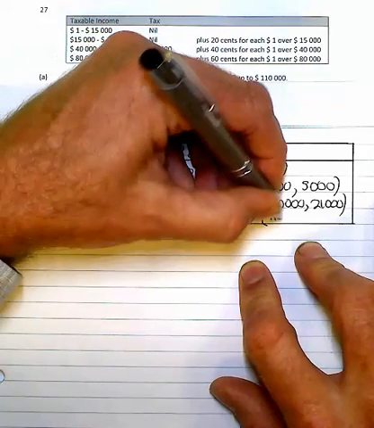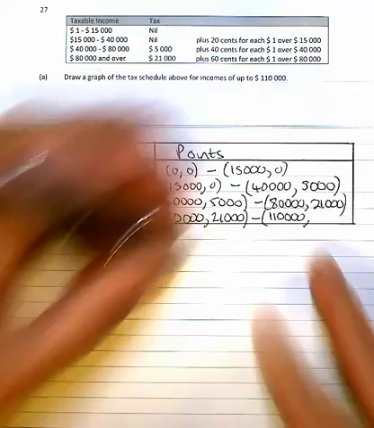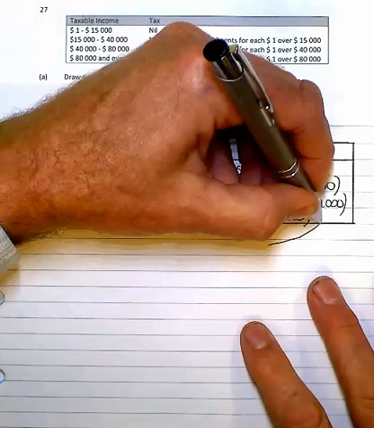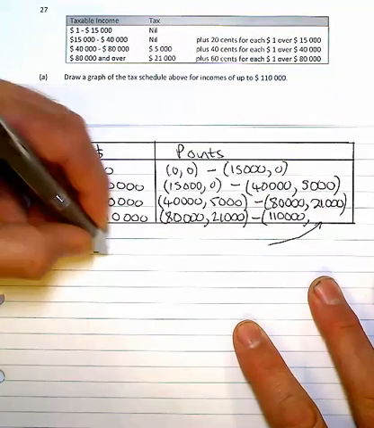Now I'm missing a final point from this process. So what I'm going to have to do here is to actually calculate the tax I'm going to pay.